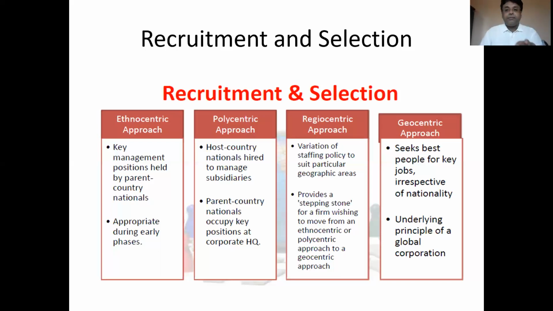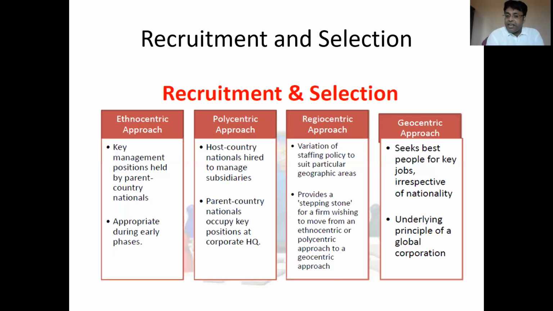The US citizens are hired to manage the subsidiaries. But in the corporate headquarters, the major positions are held by the parent country nationals. That means the Indian people hold the major positions. However, in our example of the Infosys US office, the US citizens are hired to manage the subsidiaries.